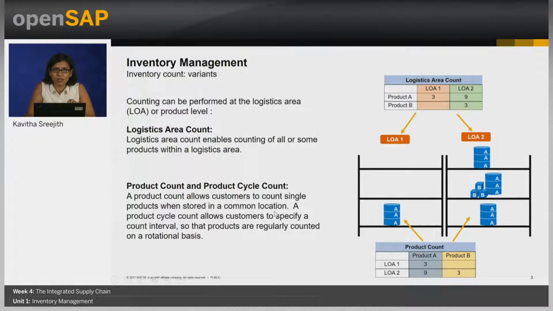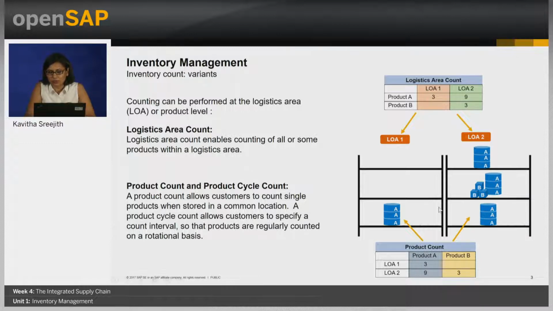A product count allows you to count single products which are stored in a common location. So, it would enable you to have a view from the product perspective, that is, to find out how a product is distributed across the warehouse.